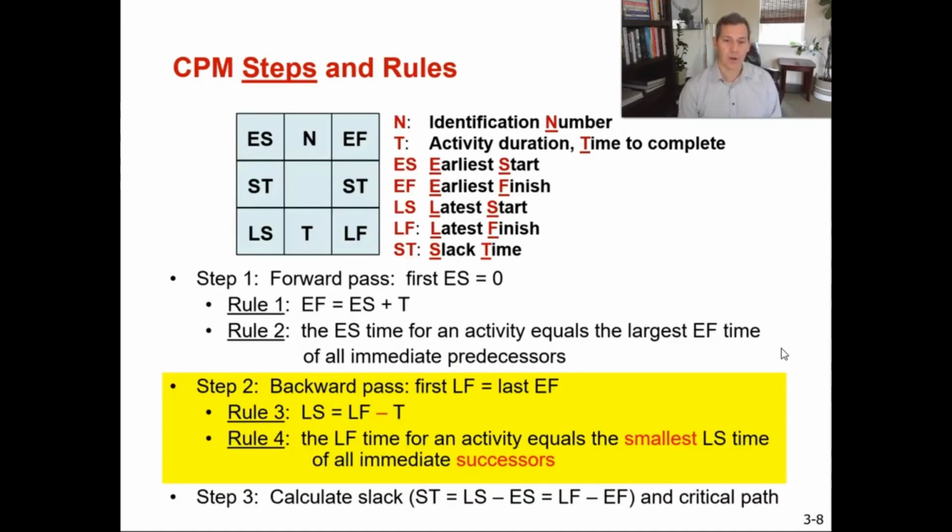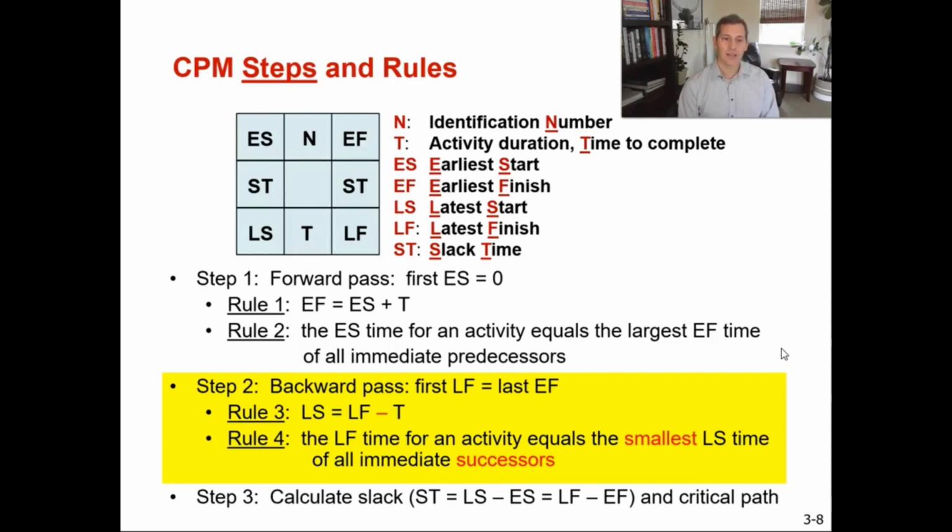And our rules for our backward pass is essentially the opposite of the forward pass. We're going to subtract. We're going to use the smallest number. We're going to look at the immediate successors. And we're going to go backwards through that AON network diagram. Our rules for the backward pass is that our first latest finish time equals the last early finish. Okay?